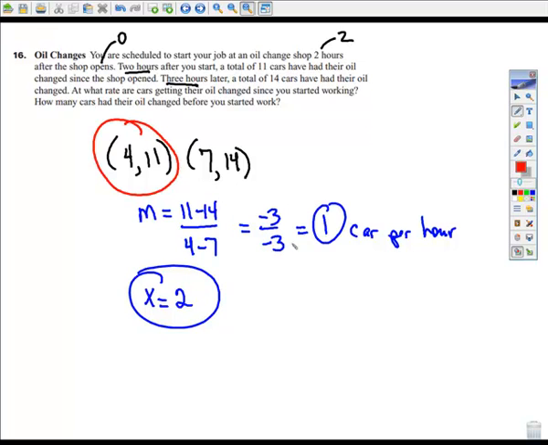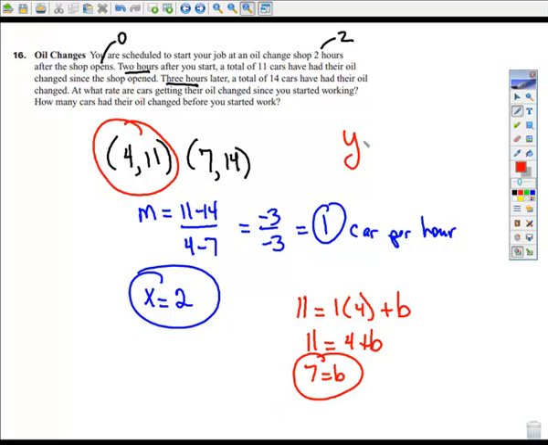So I need to backtrack a little bit. I'm going to go ahead and use the first point, and I know that y is 11 equals m, x is 4 plus b. So 11 equals 4 plus b. Subtract the 4 and you get a 7. So my equation for this oil change problem is y equals 1x, or just plain old x, plus 7.